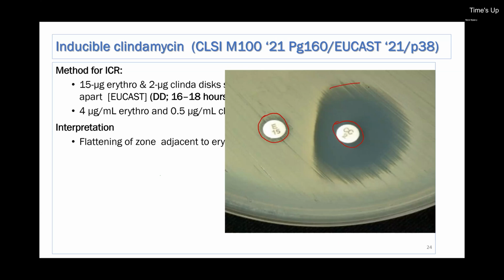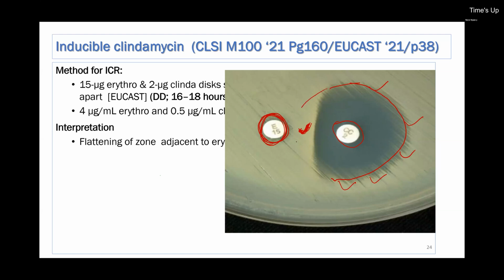The isolates present here are susceptible, so we have a nice clear zone. But in the isolates present here, a resistant phenotype is getting induced by the macrolide erythromycin, and because of that, those isolates are no more susceptible to clindamycin.